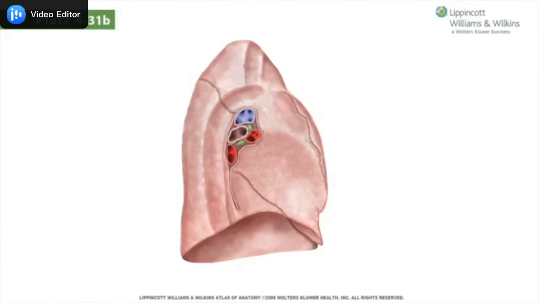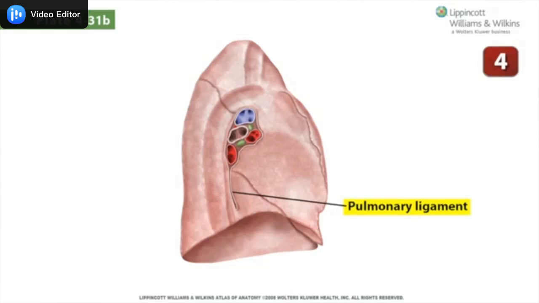Additionally, the root of the lung transmits small blood vessels, autonomic nerves, and lymphatics, supplying the lung tissue that will be discussed later. The root is covered by a sleeve of pleura. Part of this sleeve hangs inferior to the contents of the root to form the pulmonary ligament, which is an empty double layer of pleura.